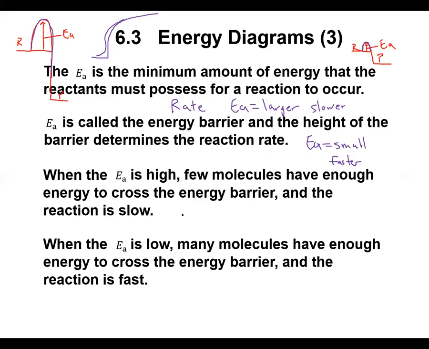When we get that big hill, that big activation energy, there may only be a few molecules willing to go up and over to the other side, or have enough energy to get to the other side. And that reaction, again, would probably occur a lot slower, because you don't have as many reactants getting up and over to the other side.